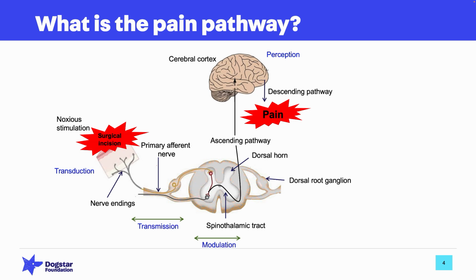Perception is the stage where the brain interprets the signals, allowing us to consciously experience pain. Finally, in the response phase, the brain generates reactions such as reflex actions and emotional responses. The process is crucial for veterinary students to understand for effective pain management and treatment in clinical practice.